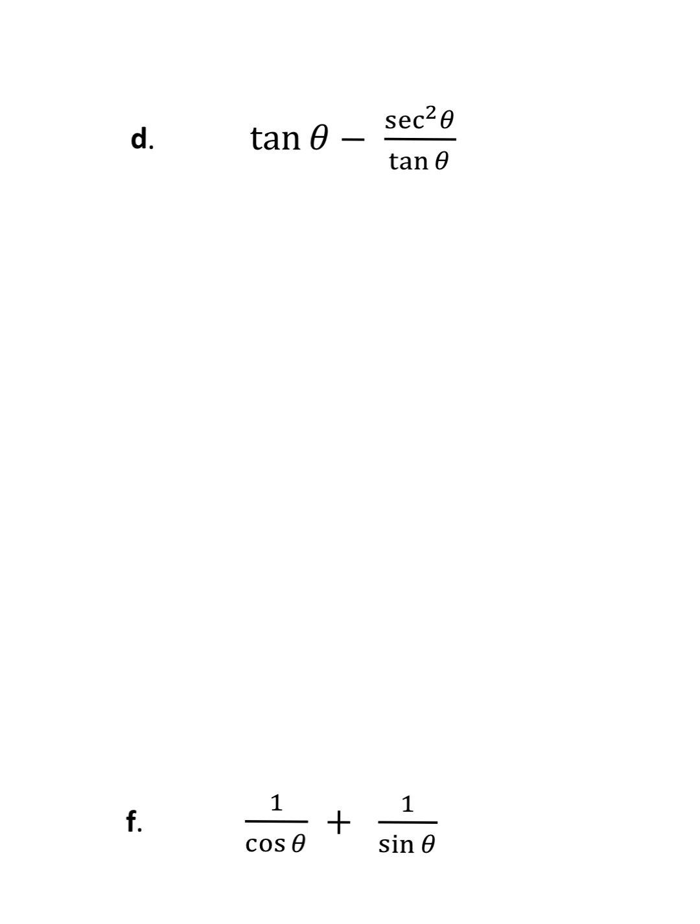Okay, let's take a look at problem D. Okay, so very similar idea. I have this fraction and I want to combine this tangent theta with it. So we have tangent theta minus secant squared over tangent theta. So here's what I'm going to do. I'm actually going to say this is tangent theta over 1. And how about we multiply this side by tangent on top and bottom?